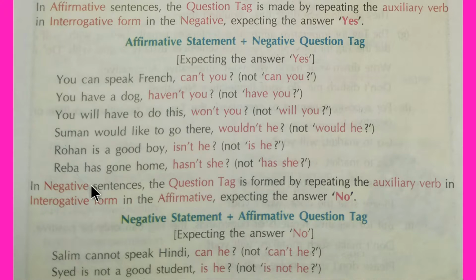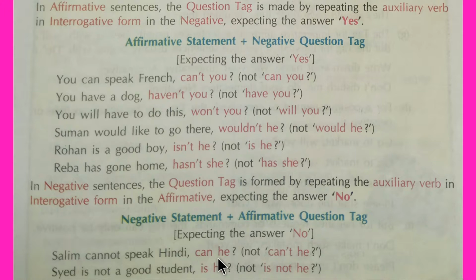And in negative sentences, the question tag is formed by repeating the auxiliary verb in interrogative form. Here in the affirmative, expecting the answer no. Can he?